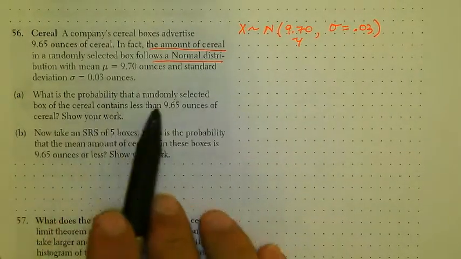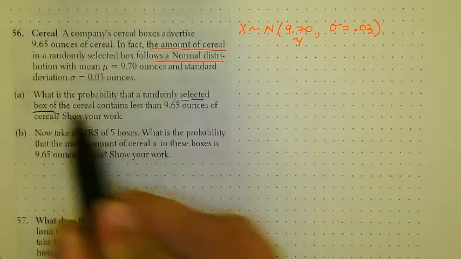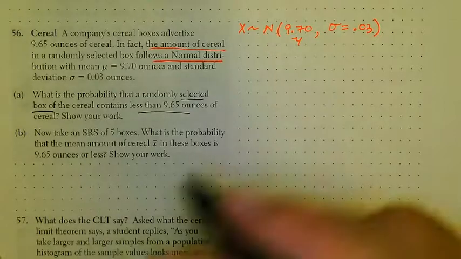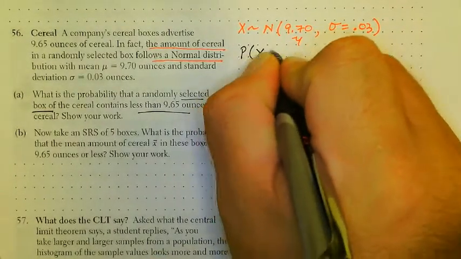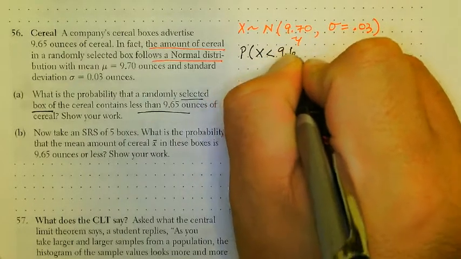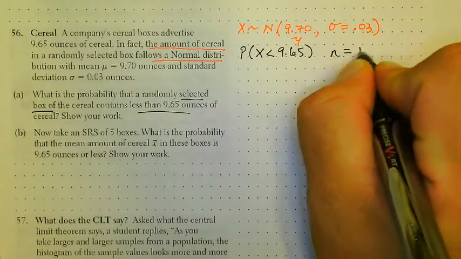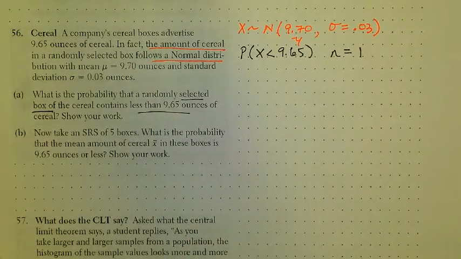What is the probability that a randomly selected box of cereal contains less than 9.65 ounces? So that's going to be the probability that X is less than 9.65. And if you want, you can think of it as the sample size is 1. It is one box.